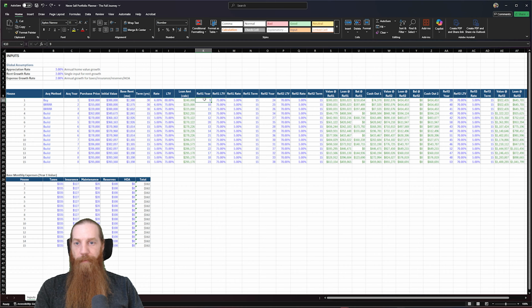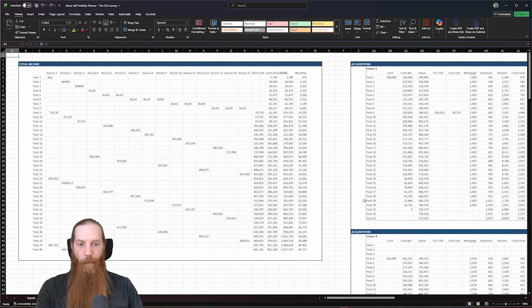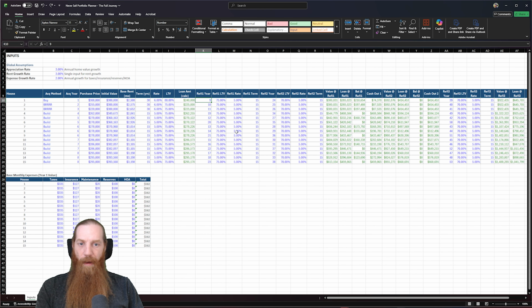Then we get into the refis, right? This is going to be your first refi and second refi. Obviously these tables go out to like year 40, and then some of the tables for the refis actually go all the way out to year 50, just for calculation purposes. So you're going to have multiple refis if you're doing the 15-year term like the book teaches, okay?